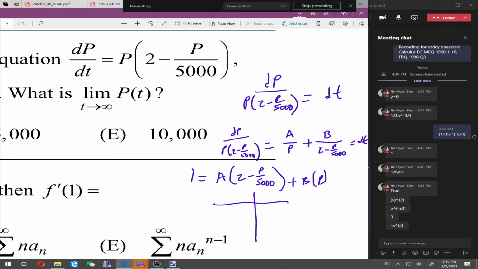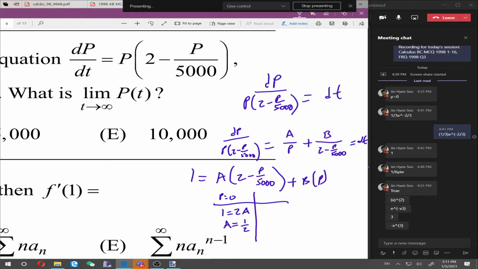0. Okay, so if p equals 0, then our equation becomes 1 is equal to 2a plus 0. So what is a? 1/2. Okay, a little bit harder. What's my other value for our population that we could pick in order to solve for b instead?